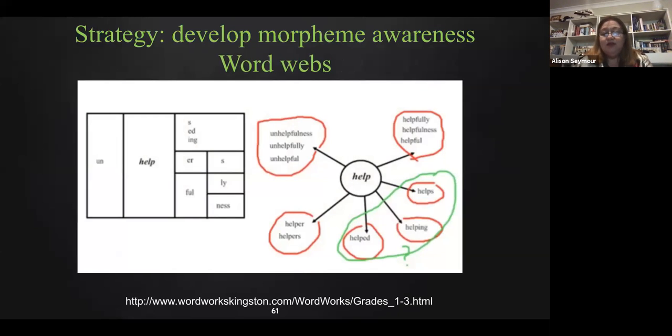And then this really gets them inside that word and helps them to deconstruct perhaps the longer words, like unhelpfulness, that's 4 different morphemes there. So in the resources that I'm sharing with you that Marlene will make available on the website, there are links to all of these tools that you can use online.